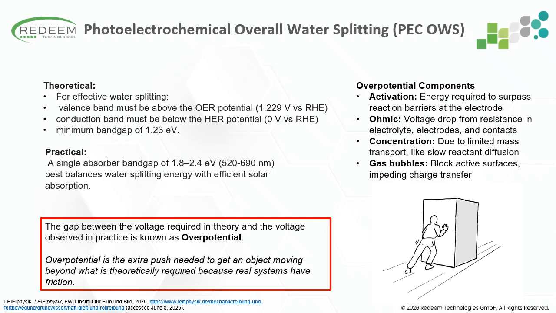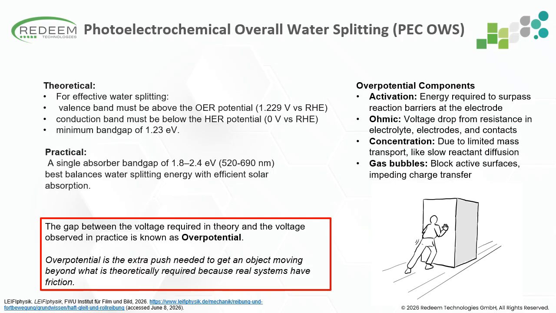The third is the concentration overpotential. If reactants cannot reach the electrode fast enough or products are removed too slowly, mass transport becomes the limiting factor and additional voltage is required. And finally, in water splitting, gas bubbles especially introduce another important loss.